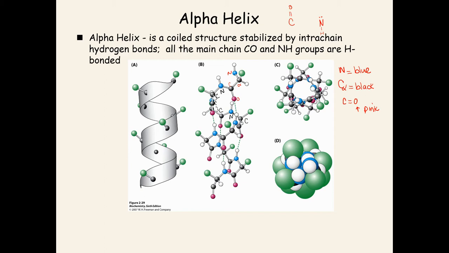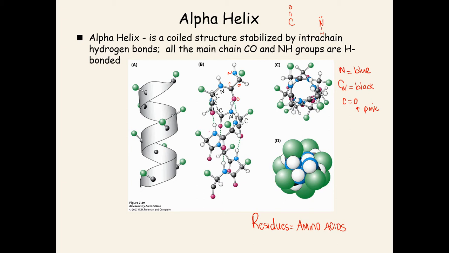It forms a coiled structure. Every 3.6 residues, and the word residue is going to be a new word for us to get used to, that will be the amino acids. Every 3.6 residues, there's kind of a bend. And that's why they use the ribbon, because the ribbon's a good way of thinking about it bending. Okay, so if you look here, I'll try to pick one in the middle of the structure.